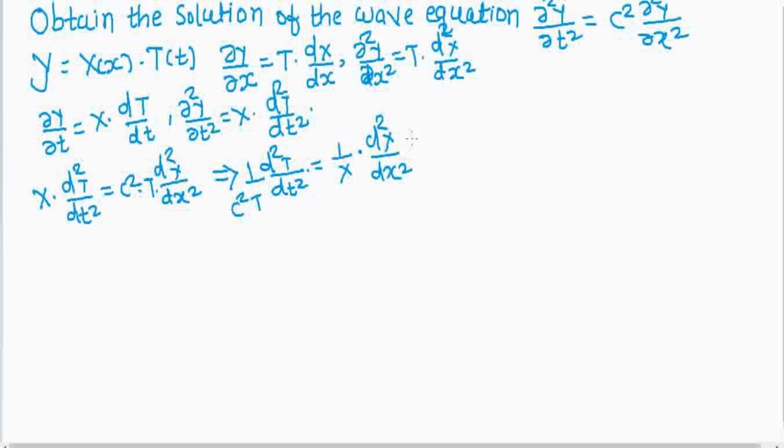So variables are separated, therefore we equate this to some constant, suppose k. Then we get two separate ordinary differential equations.